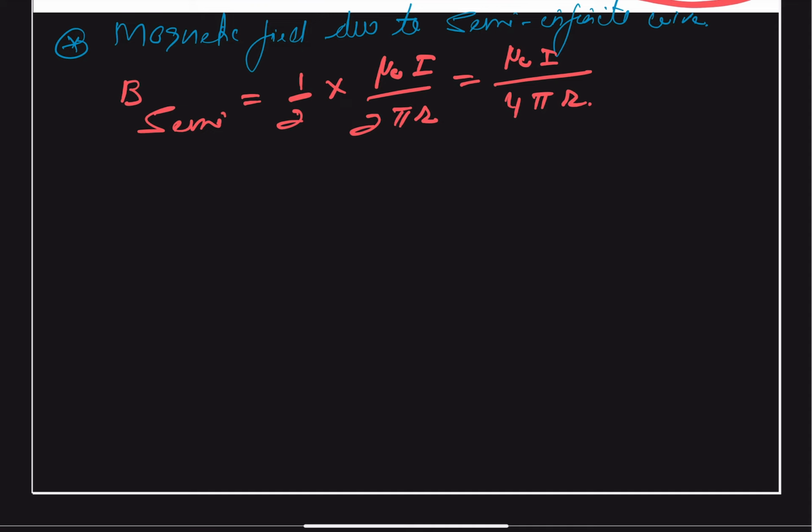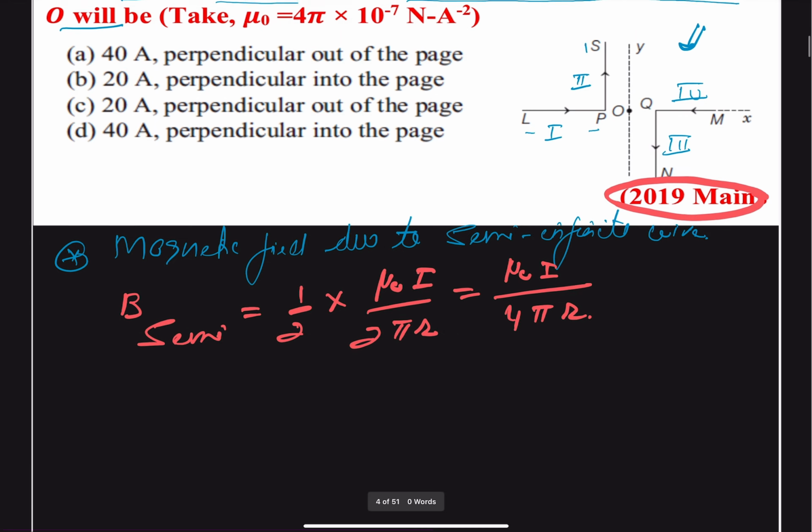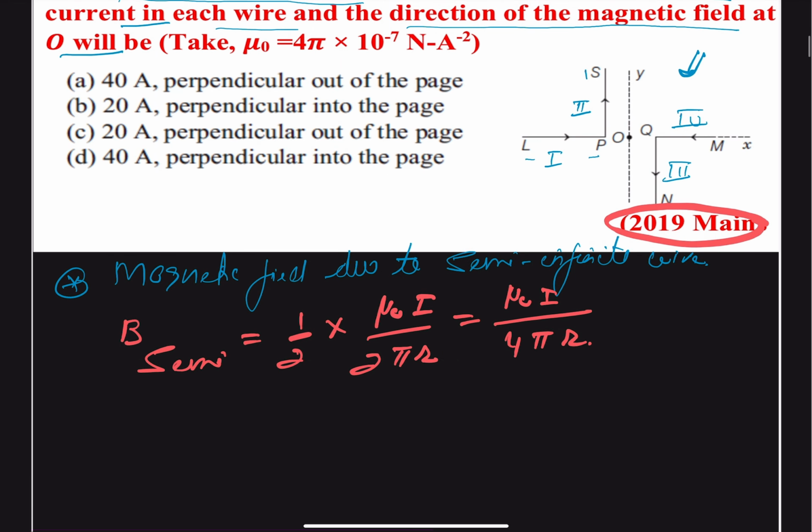Now we have total of 4 wires, and if we see closely, the net magnetic field will be the algebraic sum of all these 4 wires.